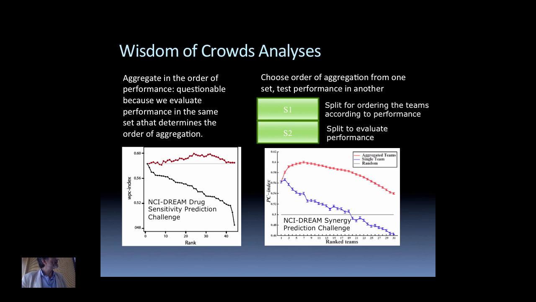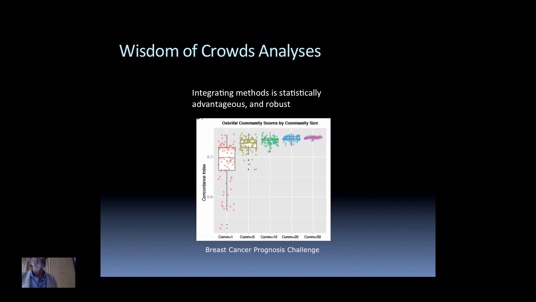But the fact that here you are aggregating and you're getting better and better has to do with the fact that there is really predictive power. So you always get an optimum of the number of aggregations, as with the wisdom of the crowd in estimating the ox weight, you get a better precision.